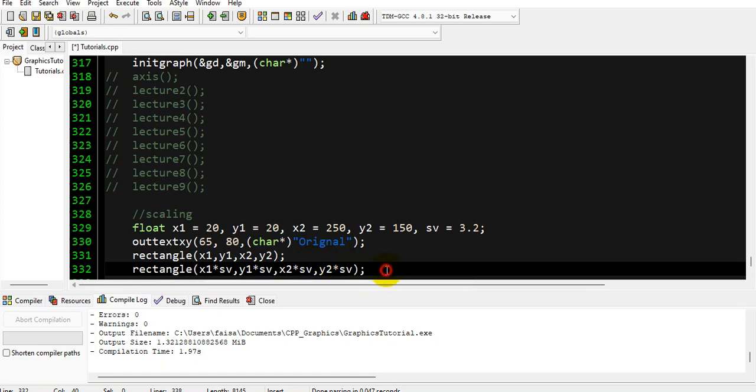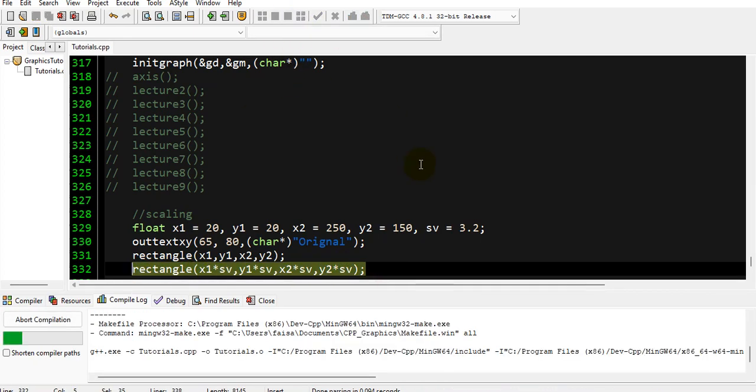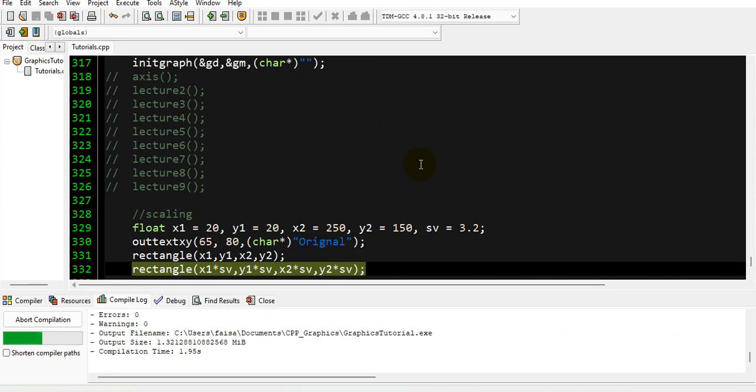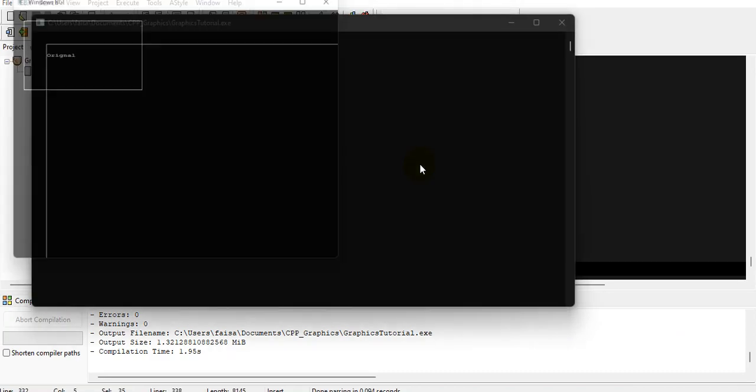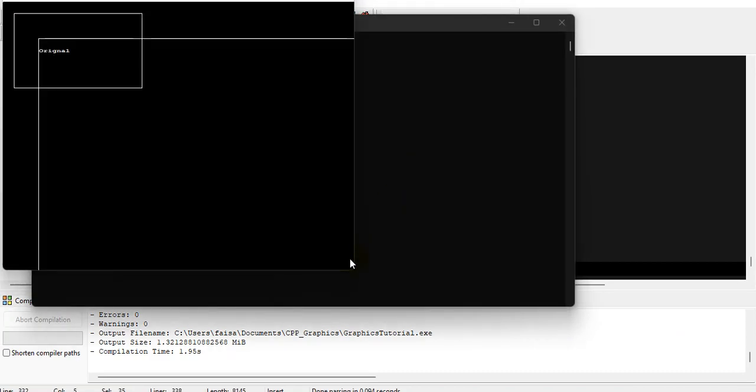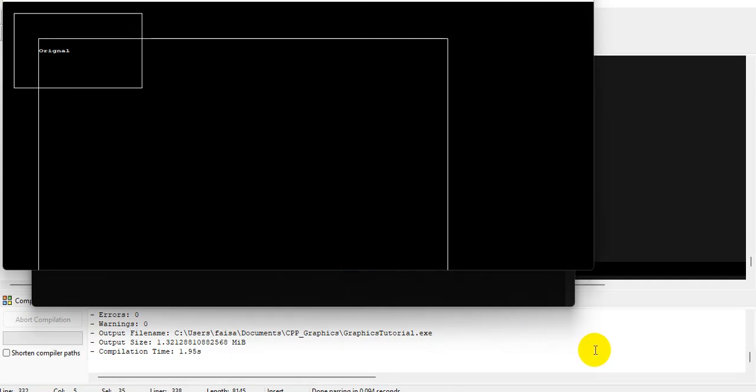So this will be our scaled rectangle. Let's see, it will be much bigger. So as you can see, after scaling it, here it is. So this was our original and this is our scaled rectangle.